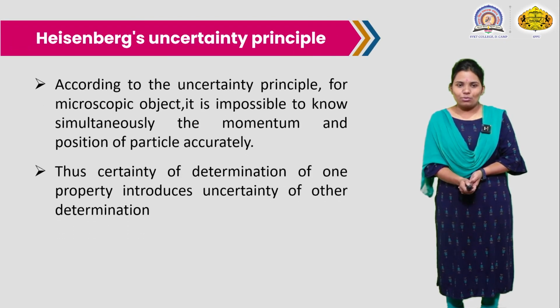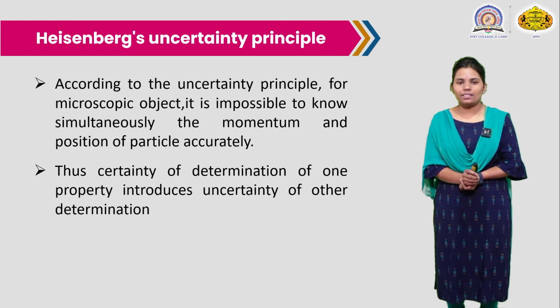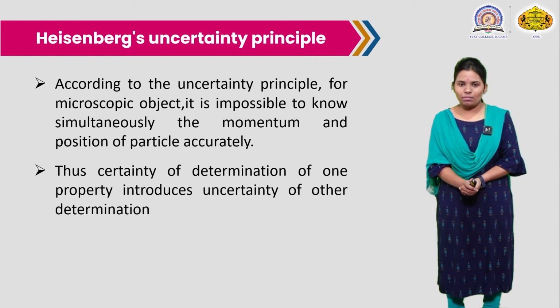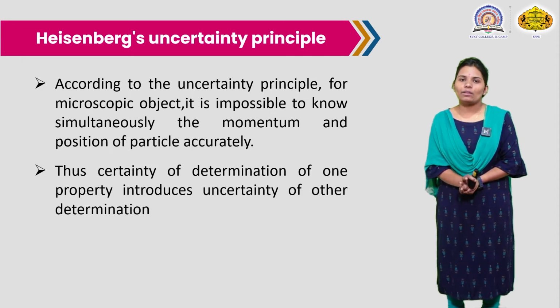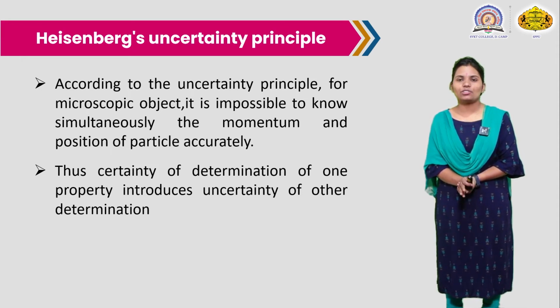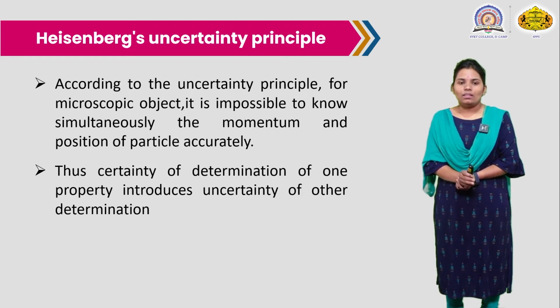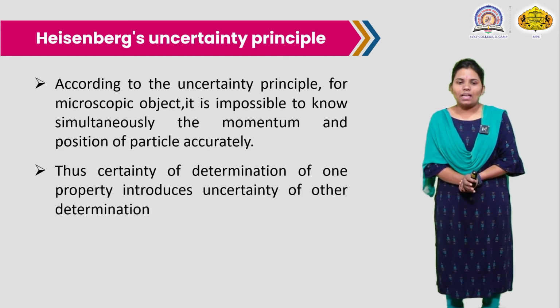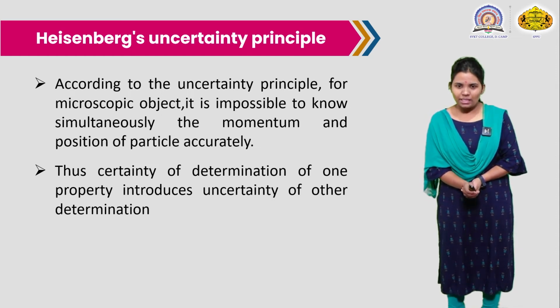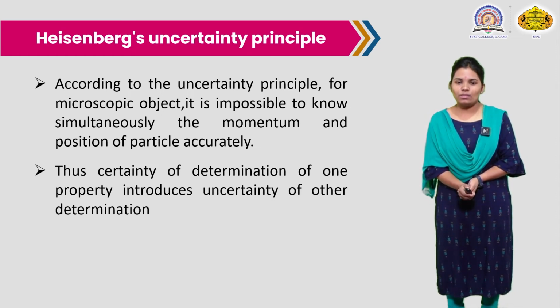Next we are going to see the Heisenberg uncertainty principle. What is the Heisenberg uncertainty principle? It is for microscopic objects, again the electron and proton. According to the uncertainty principle, for a microscopic object it is impossible to know simultaneously the momentum and the position of a particle accurately.